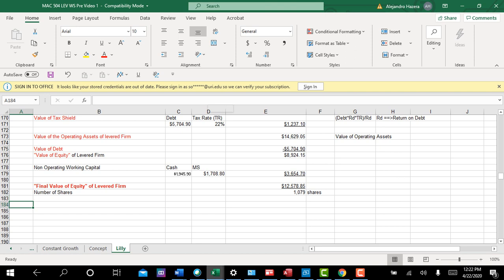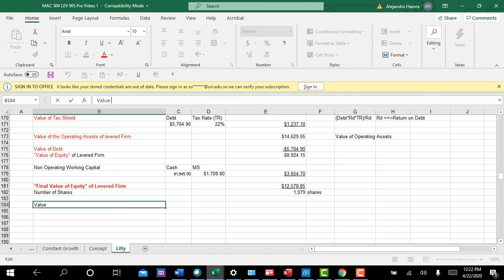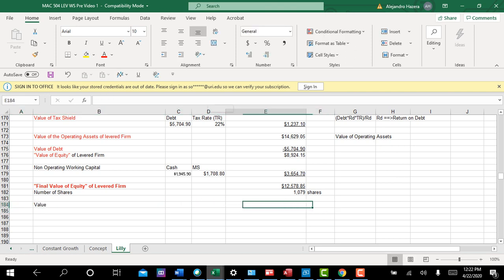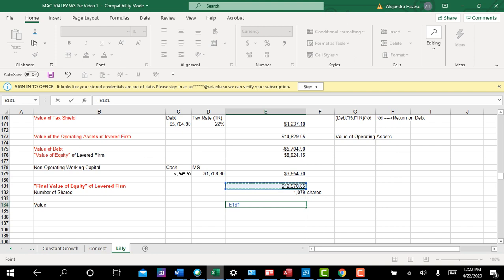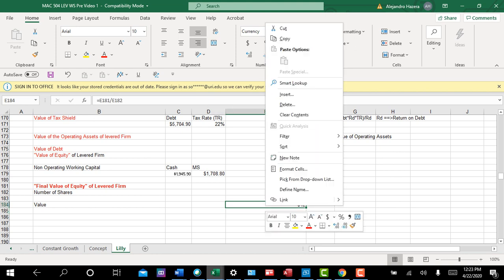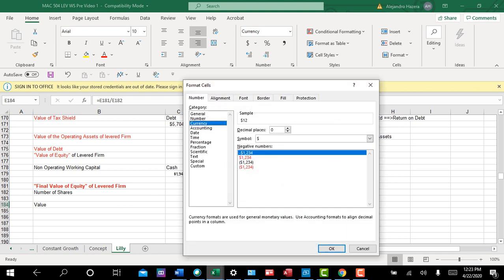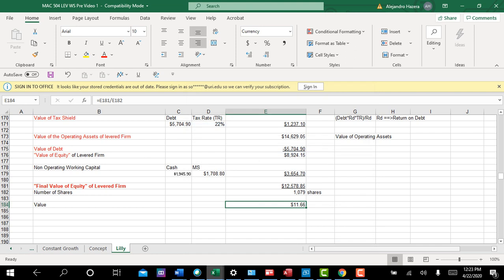Okay, so if I take the value of equity of the levered firm and divide by the number of shares, my no growth valuation should be relatively low. I get a no growth valuation of about $11.67 per share.